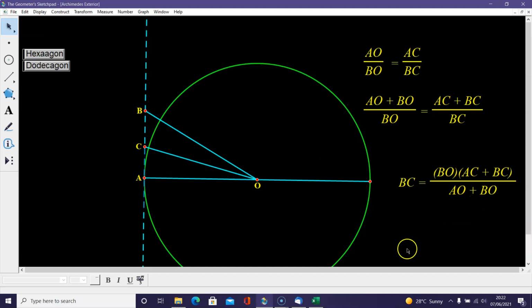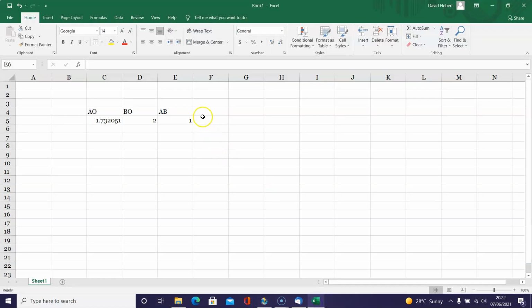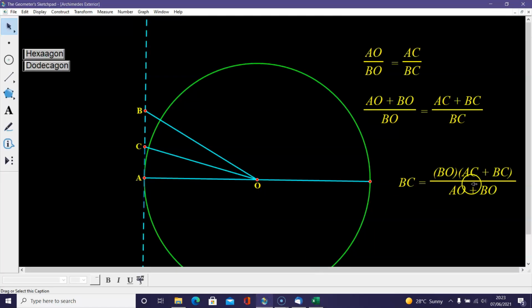And so this is a calculation I'm going to want to be able to perform. All right, so on my spreadsheet over here, the next thing we're going to see is I'm going to have BO, because it's something I can now calculate. And so I'm going to put a calculation in right here, and it's going to be this calculation.